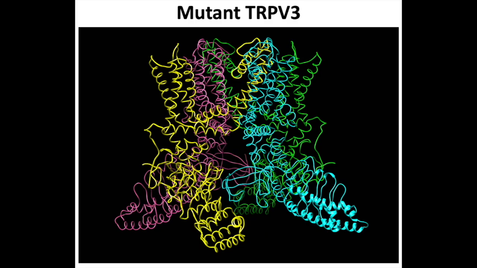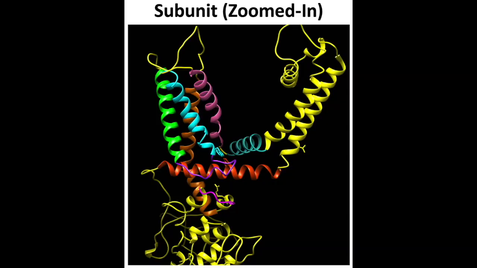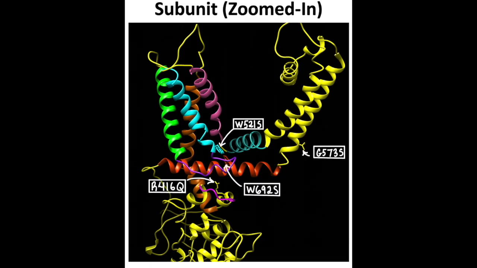And then here's the cryo-EM structure of the mutated arginine 416 Olmsted TRPV3 variant that was, again, isolated and imaged by our lab. And here we're zooming into one of those TRPV3 transmembrane subunits. And this is where the 4 Olmsted mutations can be found.